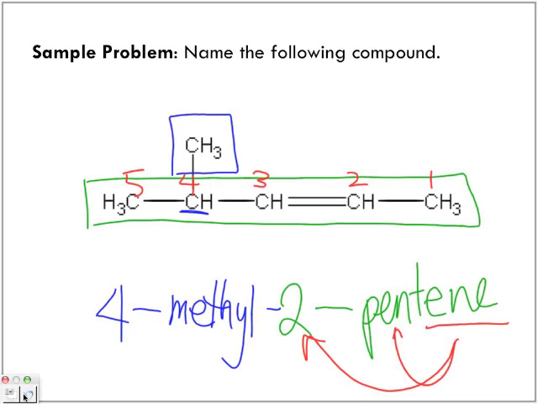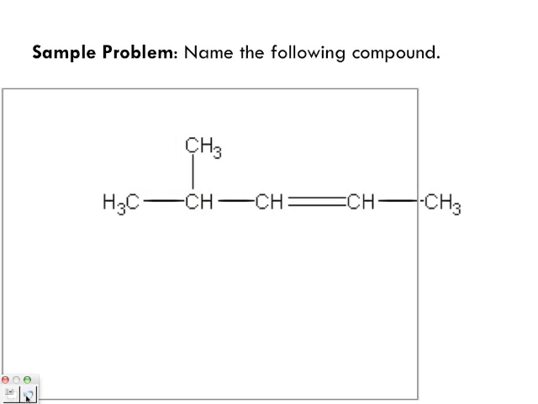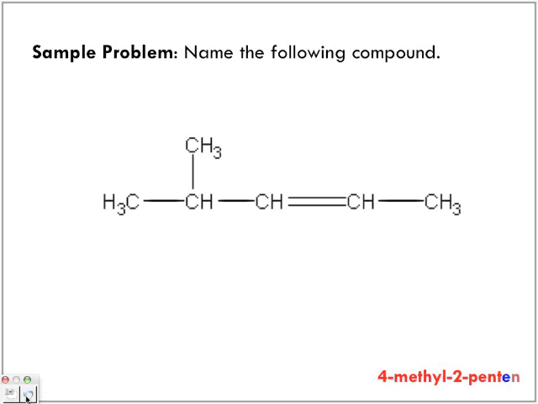We've got a methyl group that is found on the 4th carbon of this pentene main chain. Okay, so hopefully everyone's following along. And there's the correct answer, as we just got.